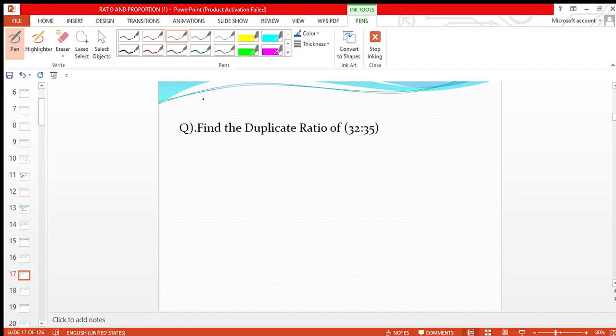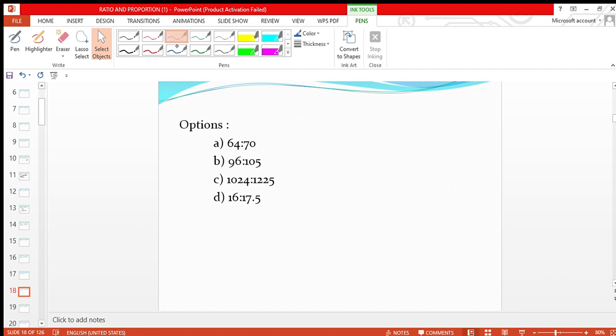Answer: 32 square is 1024, 35 square is 1225. Option C. 32 square, 35 square.